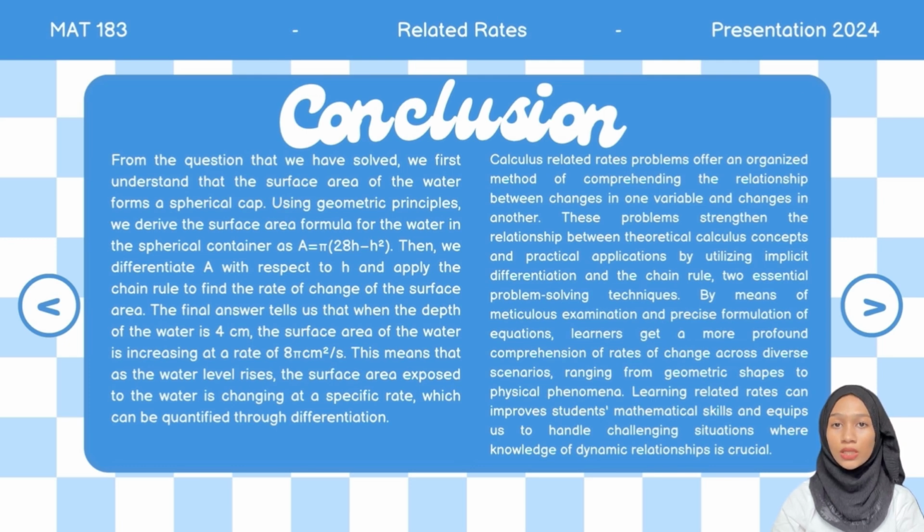By means of meticulous examination and precise formulation of equations, learners get a more profound comprehension of rates of change across diverse scenarios, ranging from geometric shapes to physical phenomena. Learning related rates can improve students' mathematical skills and equips us to handle challenging situations where knowledge of dynamic relationships is crucial.